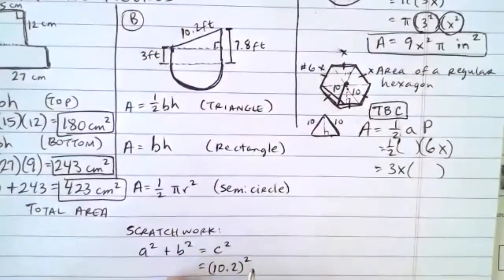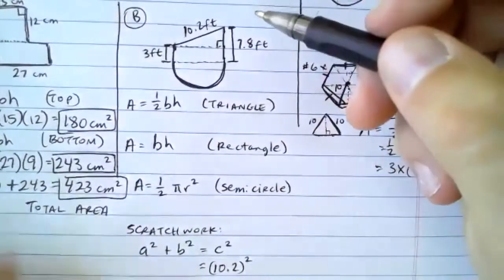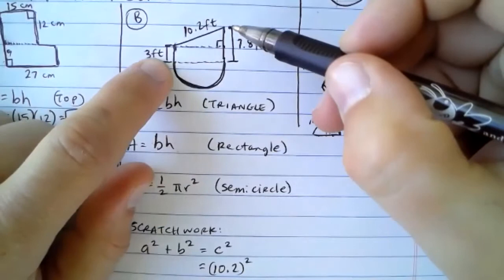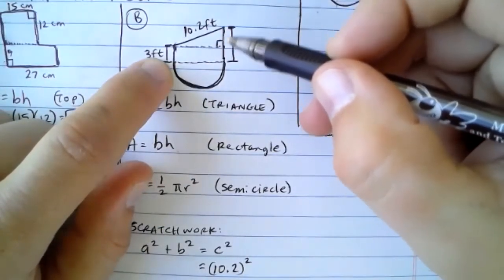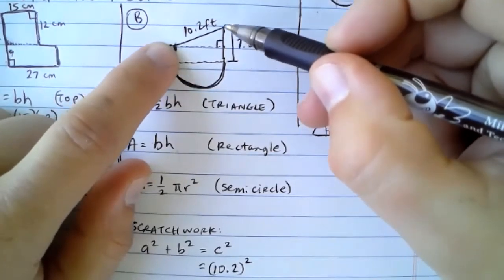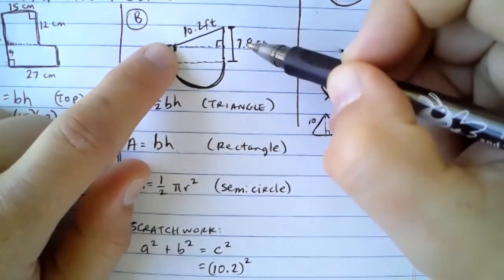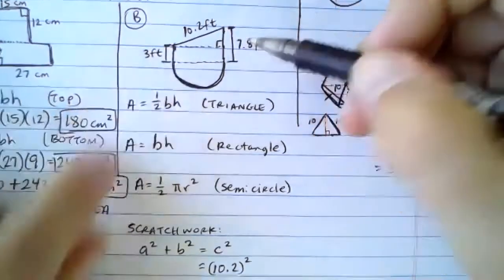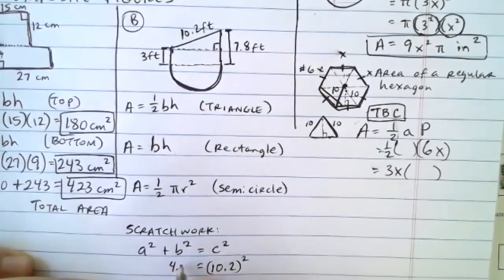Now, the things I don't know are the other two sides. Well, you would think that, actually, but I do know the length of this side right here, this little short part here. Well, from here to here is 3, and from here to here would be 4.8, because the total is 7.8. It'd be 3 plus 4.8 makes 7.8. So I can come over here and write down that this length is 4.8 squared, right?